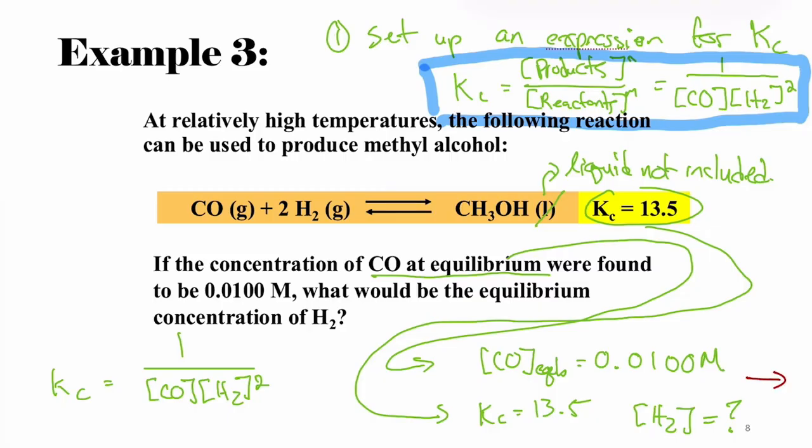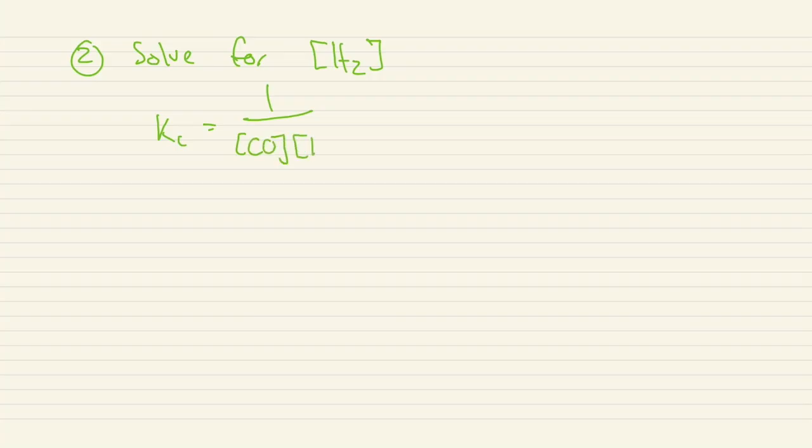Go to the next page. We just need to solve for the concentration of H2 at equilibrium. All right, so if we have Kc equals 1 over CO H2 squared, we can do this algebraically and then plug in all our values at the end, or you can plug in values from the beginning. So how do we get H2 isolated here?